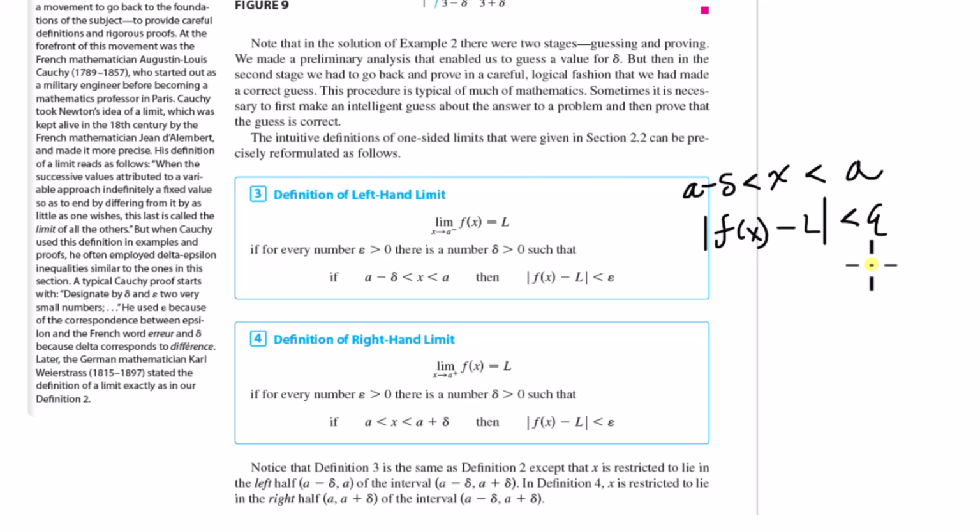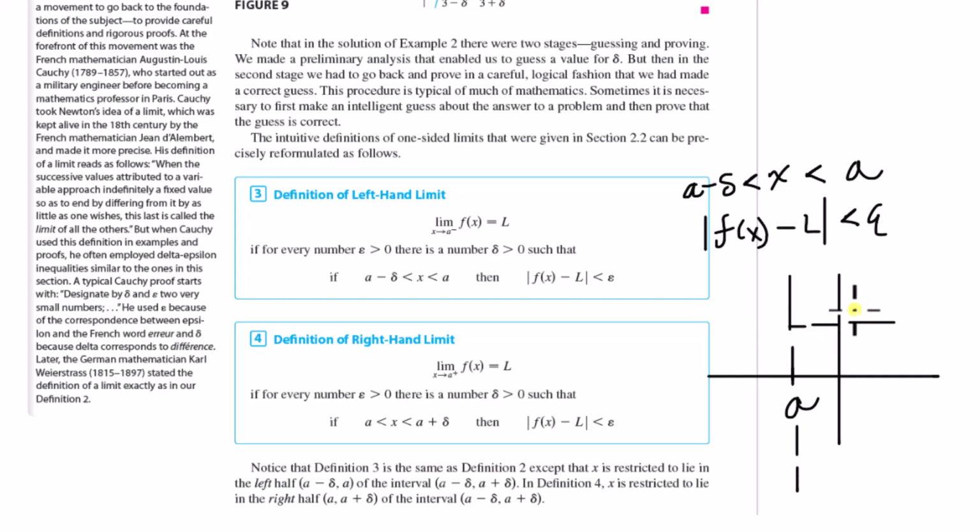Well, no. First of all, we don't know if, let's say that this is A. Okay, so we're coming from below. Let's say this is the limit value L. Okay, the function could be coming in like this.